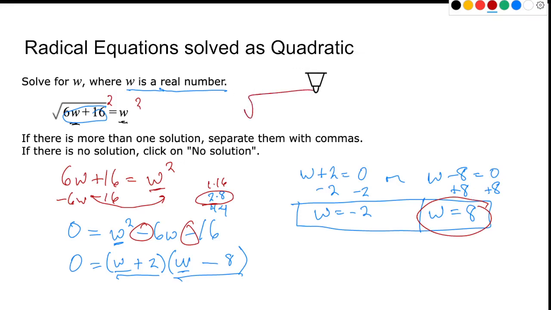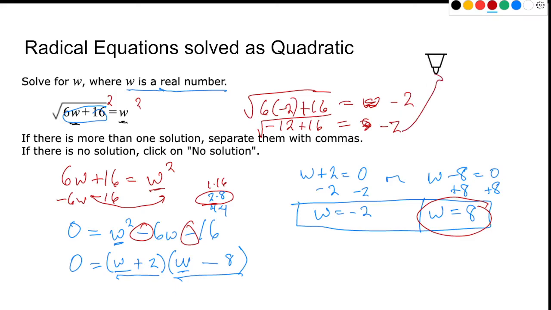If I put in negative 2, does that still give me a real number? That's what I've got to check. So 6 times 2 is 12, so I get a negative 12 plus 16. Okay, I'm still going to get a positive value. Actually, this equals w. What is w? W is negative 2. Sorry, doing a check here. I was messing up. And so negative 12 plus 16 is going to give us 4. This is scratch work sort of check.